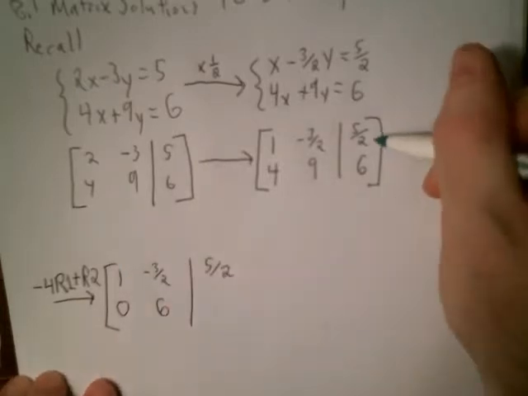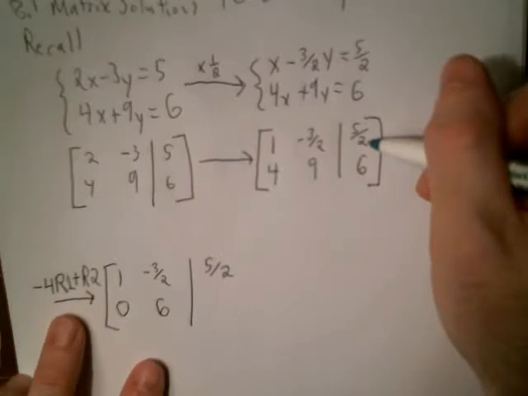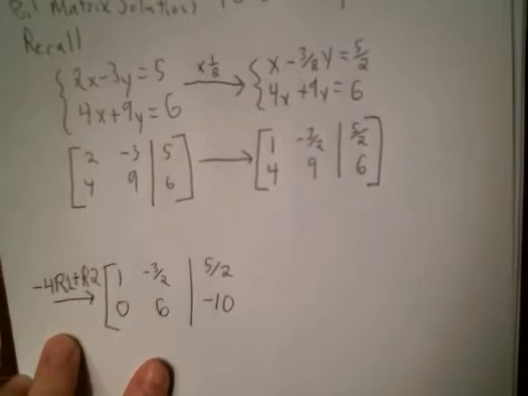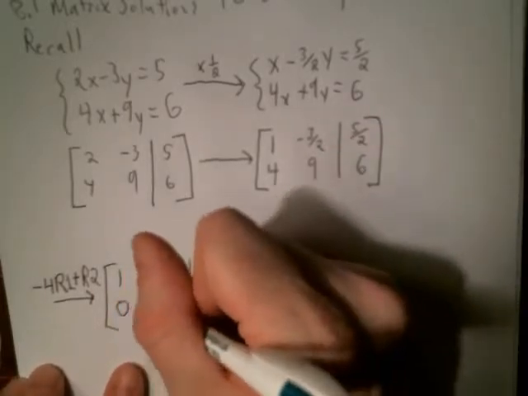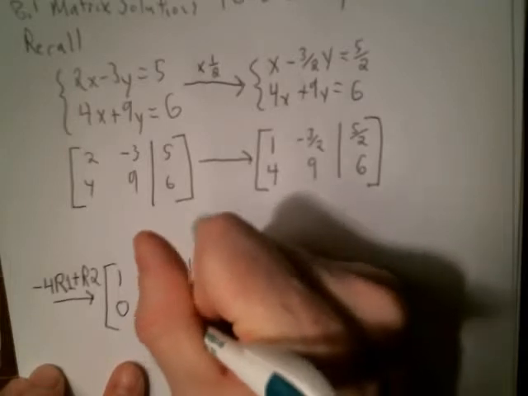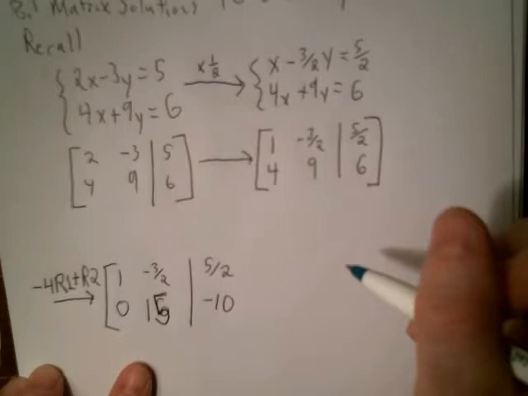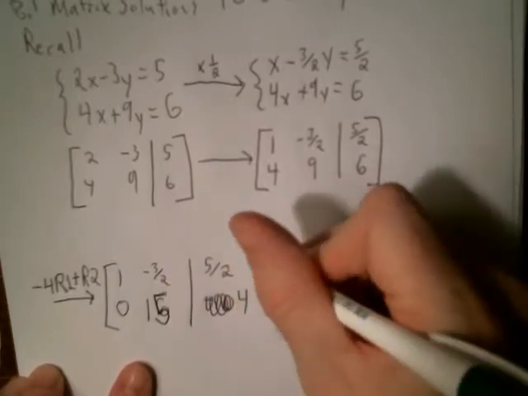And then finally here, I have negative 4 times 5 halves, which will be negative 10. Oh, and then I'm adding it to these, sorry. So 6 plus 9 is 15. I'll show you what I do with the equations here in a second. Negative 10 plus 6 is going to be negative 4.